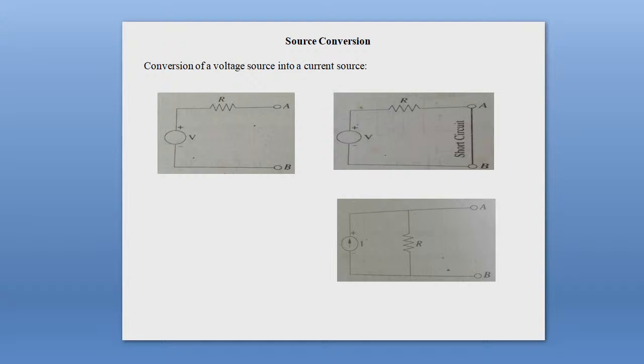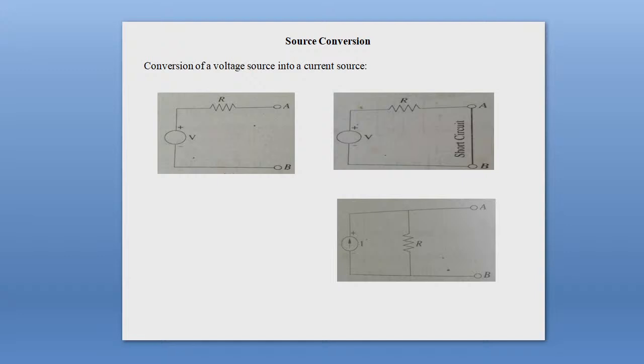See, a voltage source is given here having voltage V and a resistance R is connected with this voltage source in series. Our objective is to design a current source from the given voltage source.